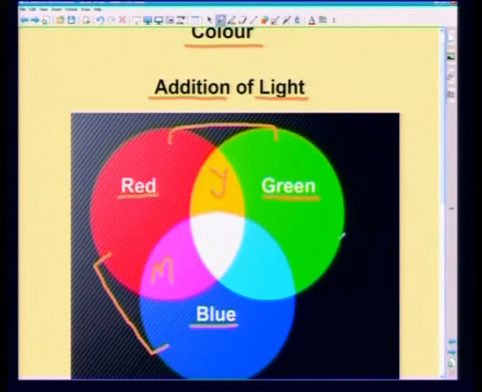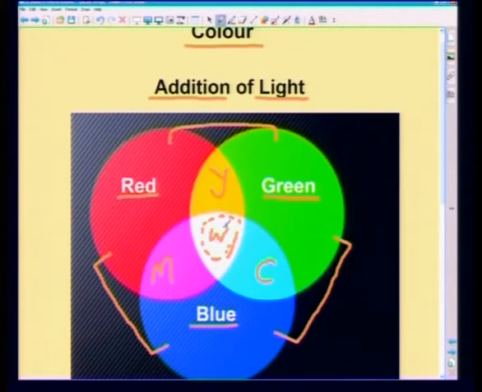And we can also have these other two primary colors, blue and green, added together, and we have a secondary color called cyan. Now, I also want you to have a look at what is happening here. Can you see what is happening there? What color do we have there?